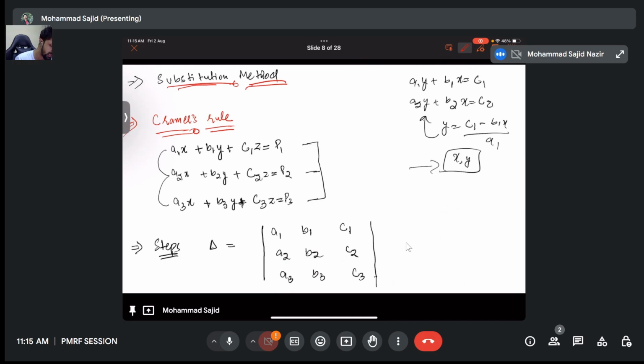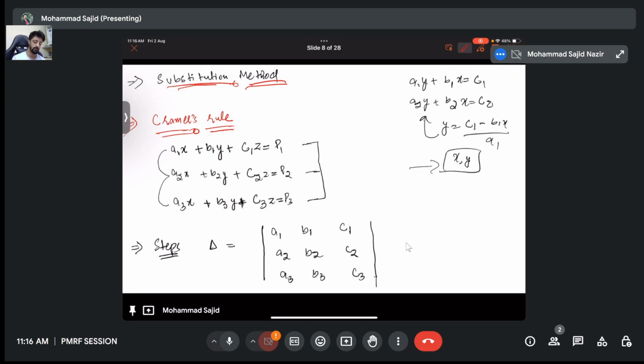So now, if you have three equations, which I had written down in the previous slides, that is a1x plus b1y plus c1z equal to p1, and a2x plus b2y plus c2z equal to p2, and the third equation is a3x plus b3y plus c3z equivalent to p3. Now, what are the steps? First, find the determinant delta of the system, that is a1, a2, a3, b1, b2, b3, and c1, c2, c3.